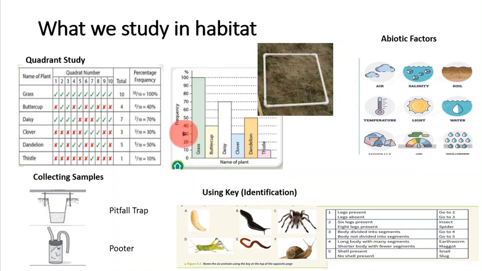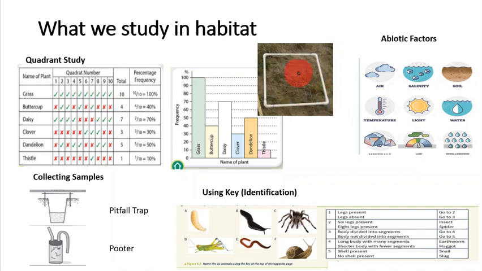What we can see is that within the habitat studied, grass is the most common plant, followed by daisies, followed by dandelions. Again, this is an easy way to go about studying a habitat.